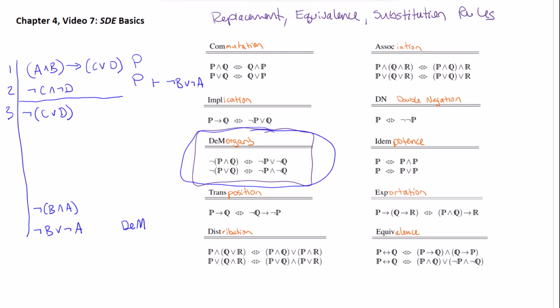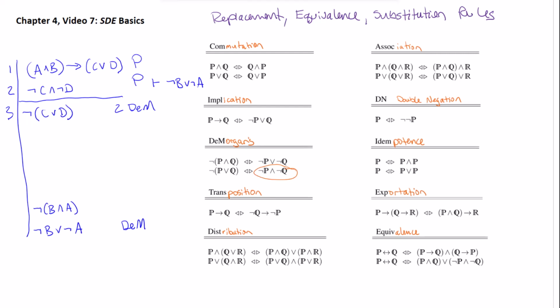So we'll say we get to line 3 from 2 by De Morgan's. What's happening in line 2 is that we have a conjunction of negated pieces, and we're applying the rule in the right to left direction to get a negated disjunction.